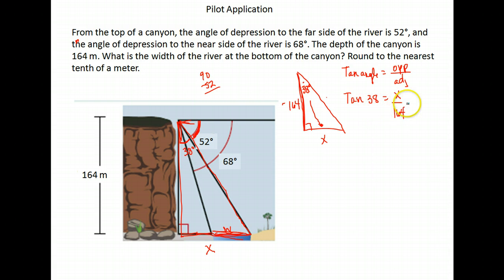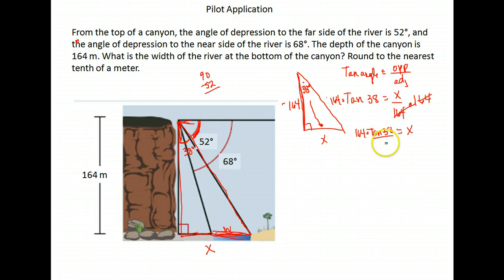I have X divided by 164, so I'm going to do the opposite and multiply both sides by 164. So I get here, my X value is going to be whatever 164 times the tangent of 38 is. So use your calculator and first find the tangent of 38.